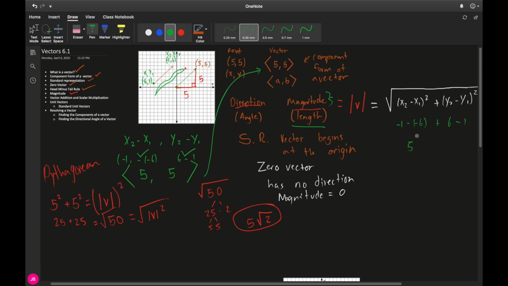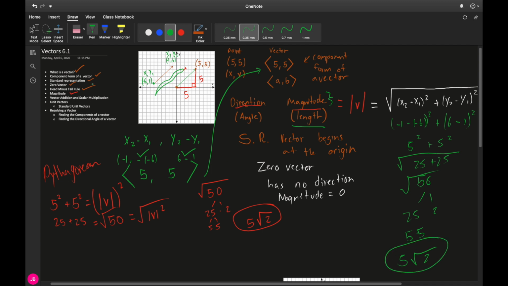So this will give me 5 squared plus 5 squared, which is 25 plus 25. And then we take the square root of the whole thing, which is the square root of 50, which again can be separated out into 25 times 2, which is 5 times 5, which gives me 5 times the square root of 2.